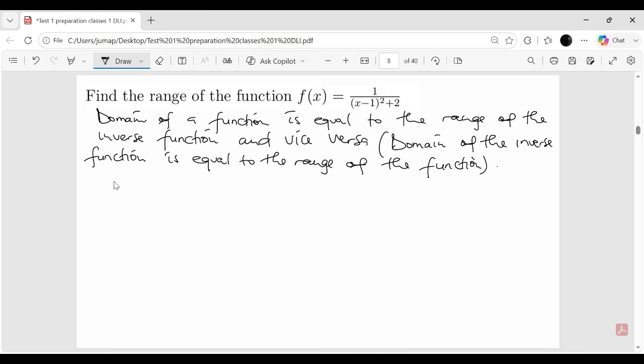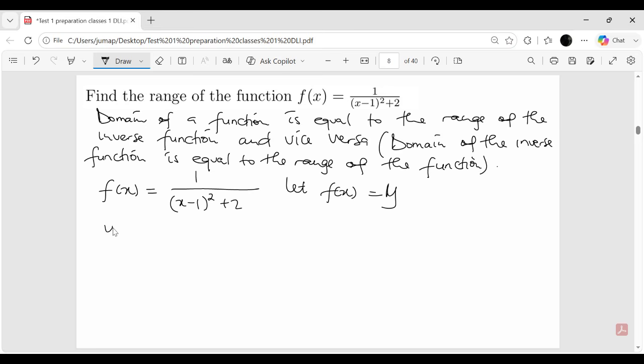So here I have f of x being equal to 1 over (x minus 1) squared plus 2. So I'm going to say let f of x be equal to y.